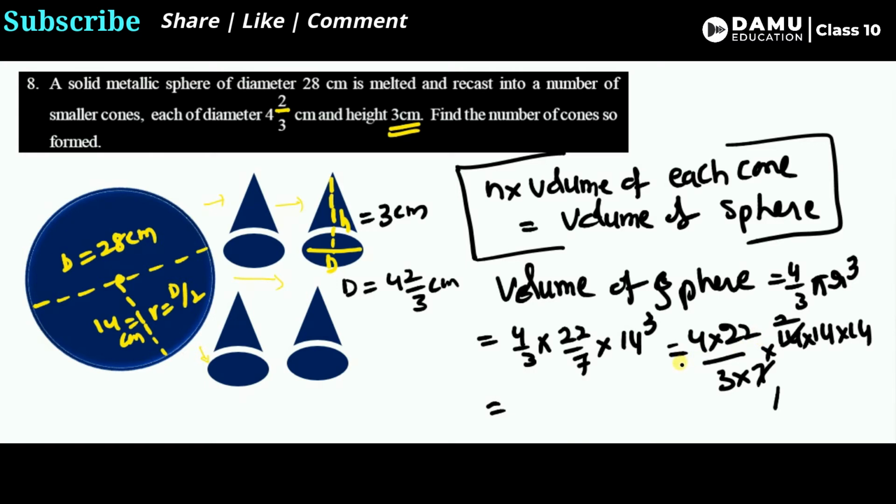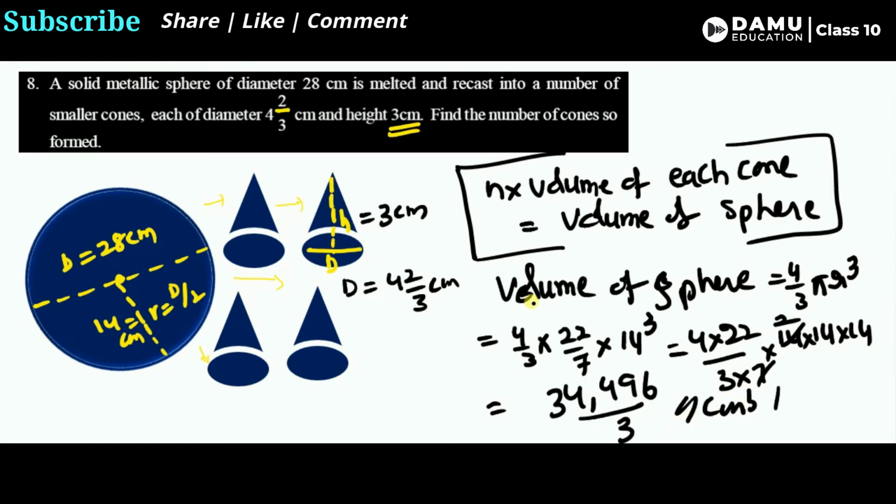If you multiply all these values, the top we will get as 34,496 by 3. Is there any possibility to cancel with the 3? No, it's not possible. Let's keep it as it is, in centimeter cube.